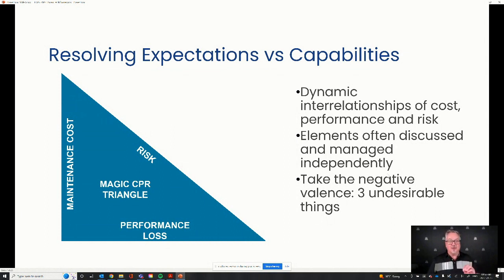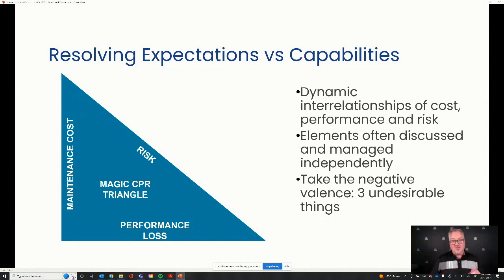So maintenance cost, performance loss in this case, and risk. That's the magic CPR triangle. And the key behind this concept is that there's a dynamic interrelationship between those three elements, right? And as I said, very often we tend to manage those elements separately. But what we really need to do is look at all three at the same time.